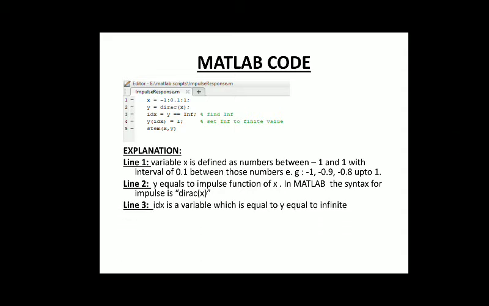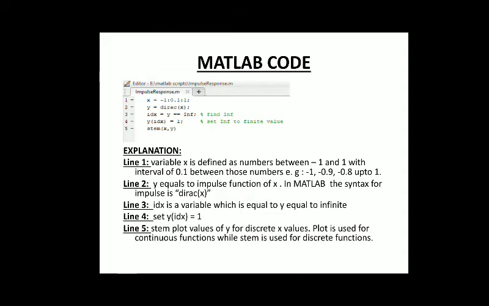In line 3, idx is a variable which is equal to y equal to infinite. In line 4 we set y within first bracket idx equal to 1. In line 5 we have stem within first bracket x comma y.